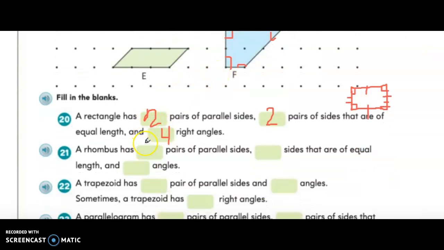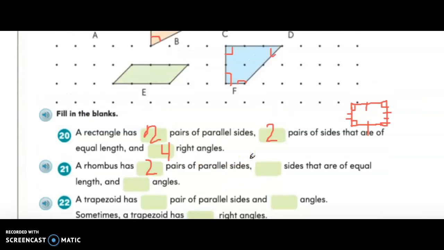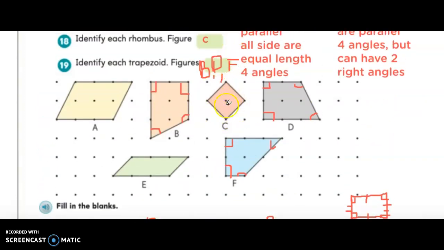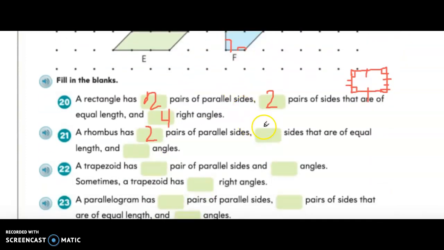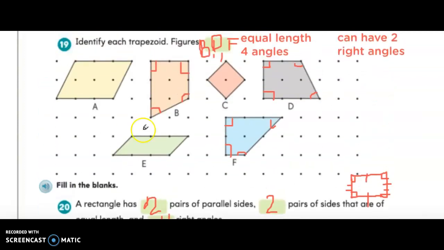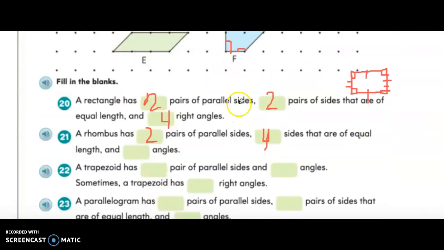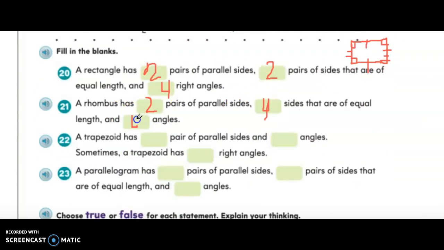So again, this has two pairs of parallel sides. Okay, now if we go back, it has to have all four sides equal length. Okay, so four sides equal length. And then how many angles? So if we look back, it has four angles.